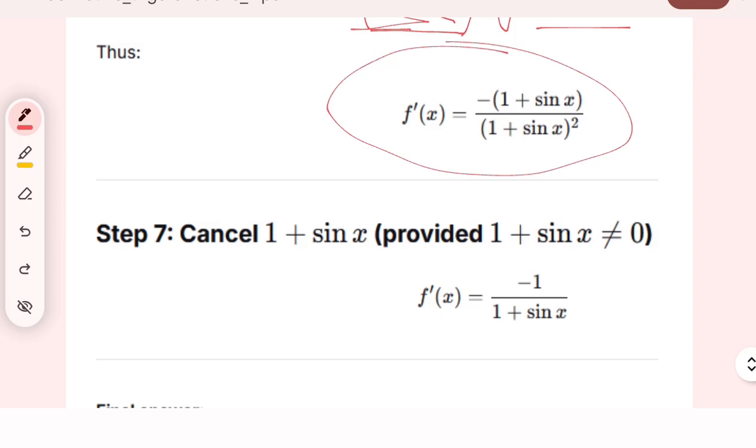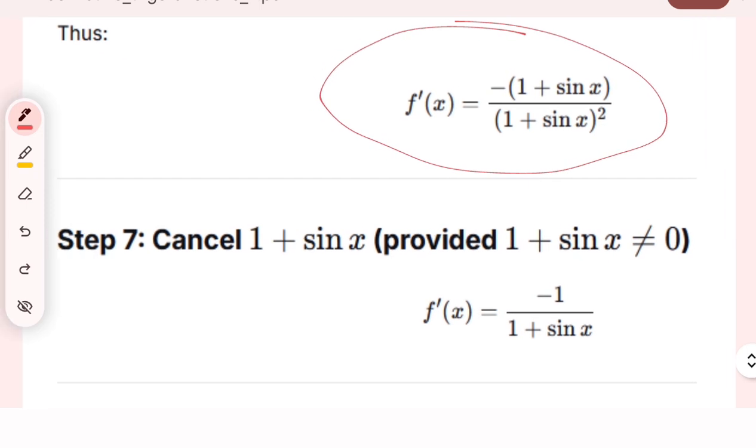How do we simplify it? We can cancel out one of the sine x, right? So what is left is minus 1 all over 1 plus sine x. What is left is negative 1, which is outside the numerator.